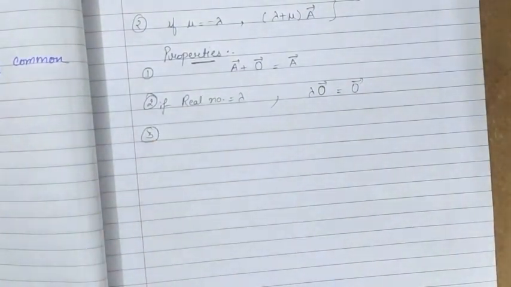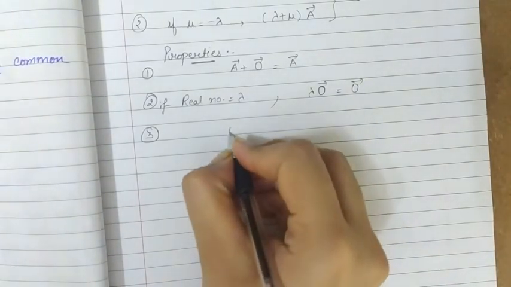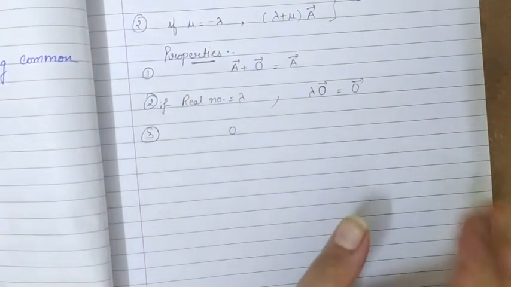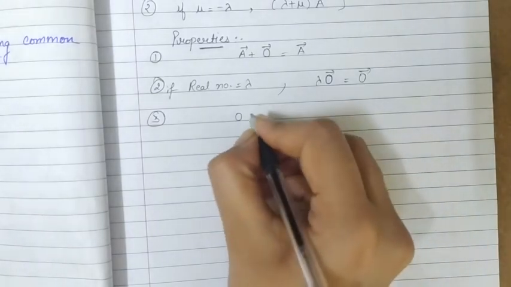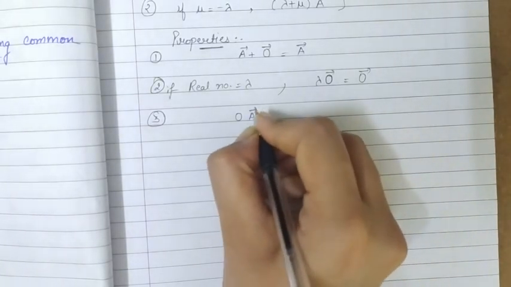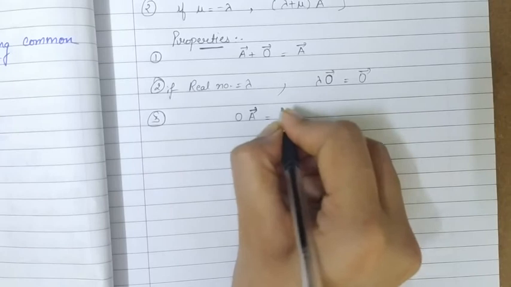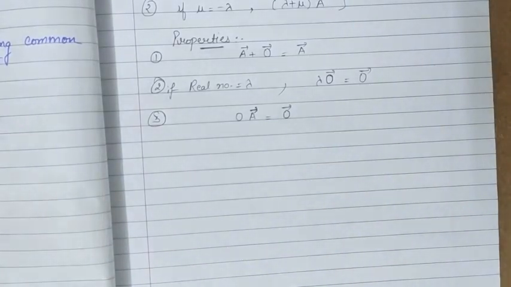Next property is that whenever we multiply a vector quantity by 0, then we get zero vector. Means if we multiply 0, now this is a scalar 0, a number 0, by a vector, then we get a zero vector. This is the third property for null vector or zero vector.